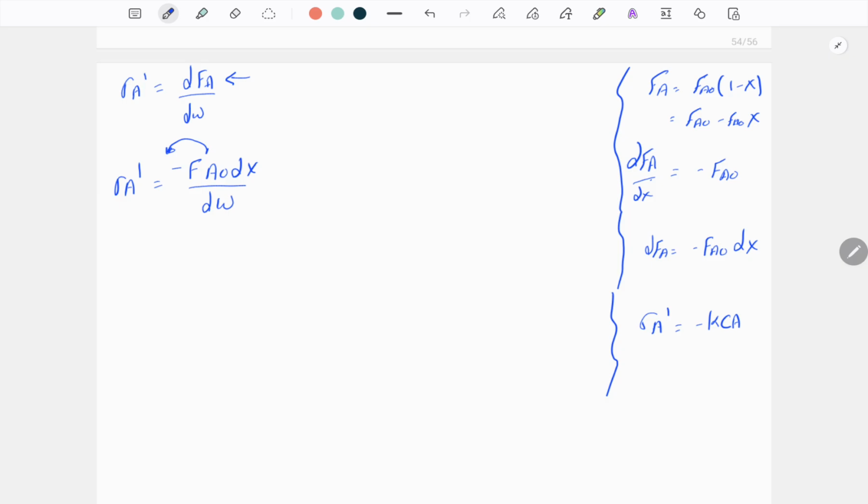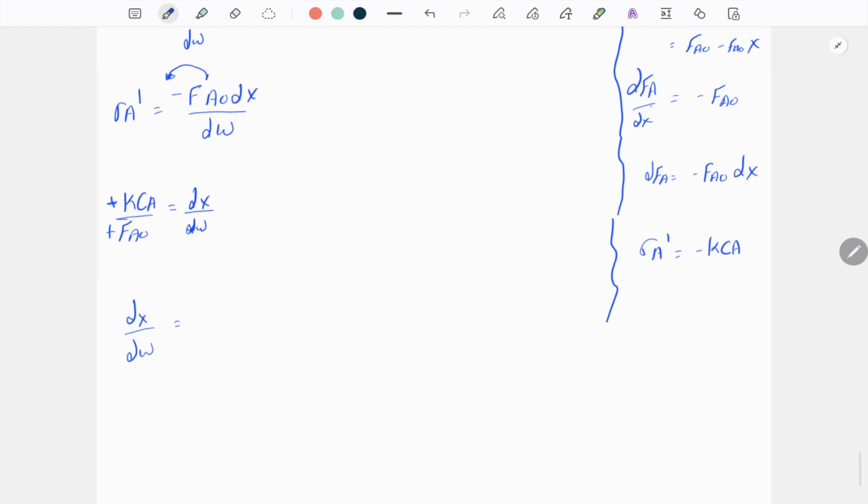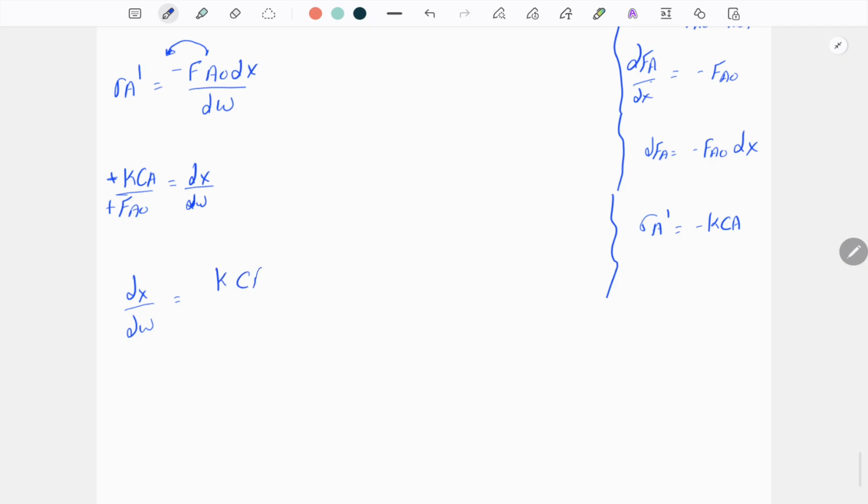So dx over dW equals negative k CA over negative FA naught. These two signs can cancel out. Now, dx over dW equals k CA over FA naught.